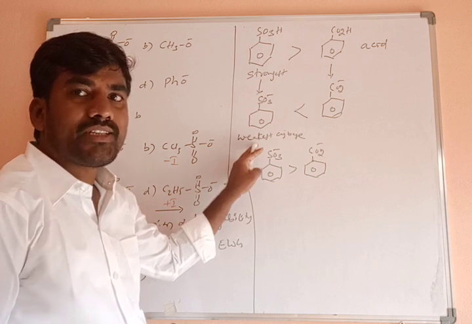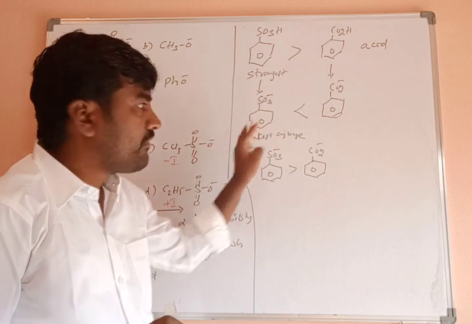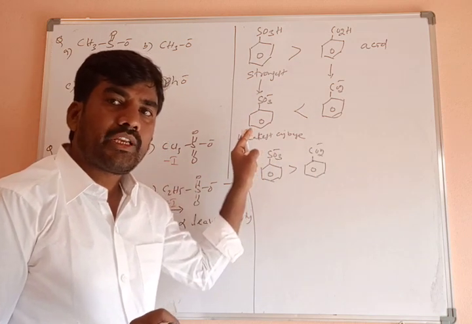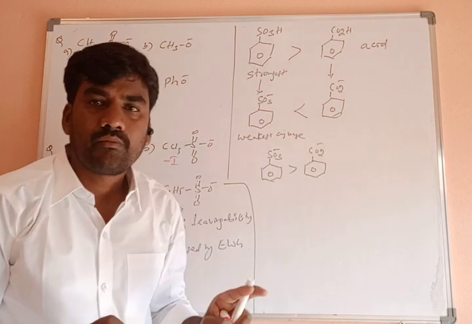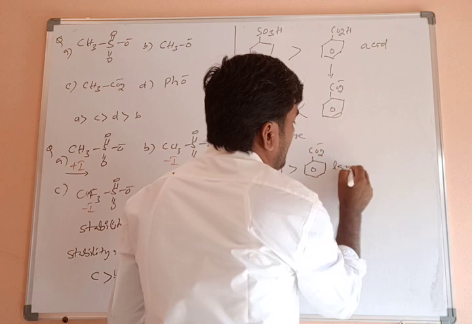Weaker bases are good leaving groups. But the benzoate anion, compared to the benzene sulfonate anion, is more basic. So this is the leaving ability.